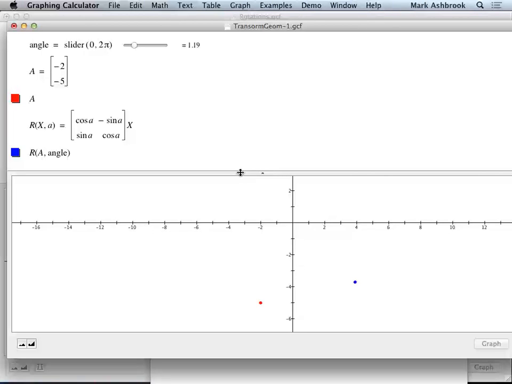And then it's going to take the angle, that's the current value of the slider, and put it in for where all the a's are in the rule above. Everywhere there's a little a, it's going to put the angle in. And then it's going to evaluate that product, and what's it going to get? The rotation. Yeah, so when you multiply this 2 by 2 by this 2 by 1, it'll give you another 2 by 1, which would be the point.